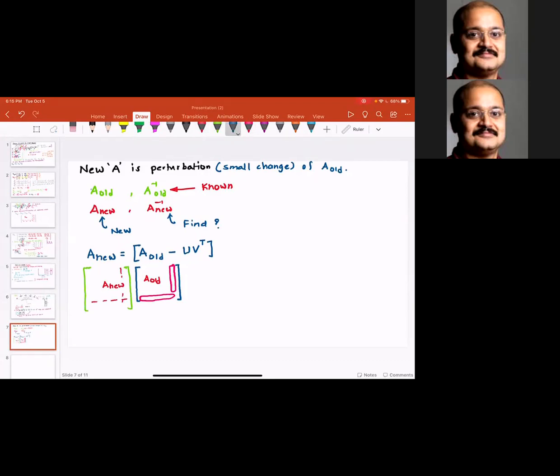So the problem that I want to pose is, given A old inverse, can we find A new inverse? And please note, these values are known.